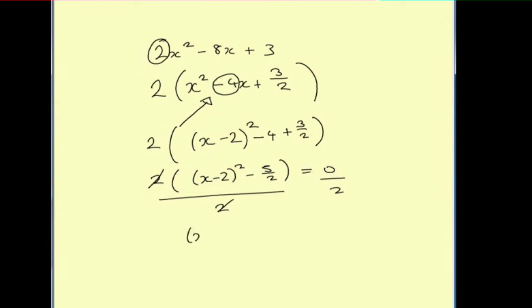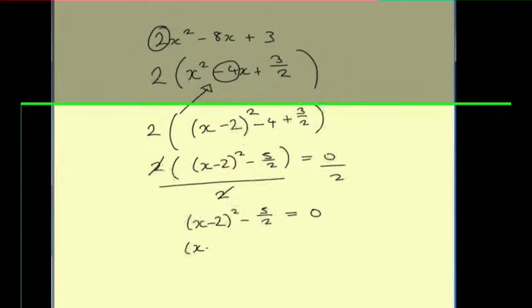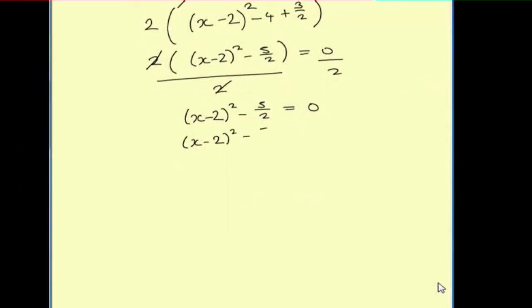So we're left with x minus 2 all squared minus 5 over 2 equals 0. Then what we do is we add 5 over 2 to both sides. So we get x minus 2 all squared equals 5 over 2.